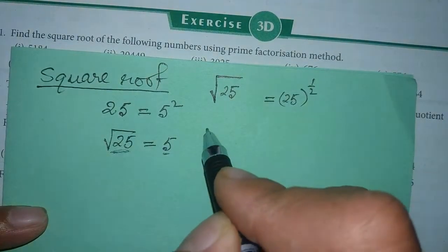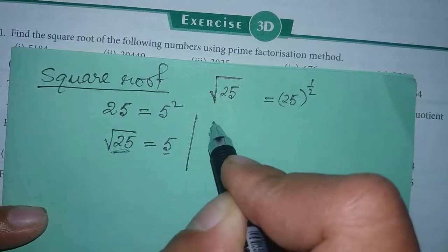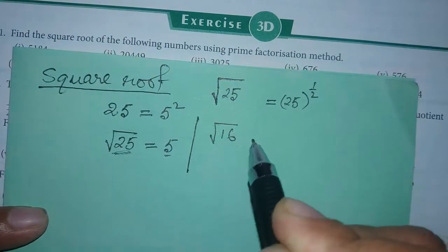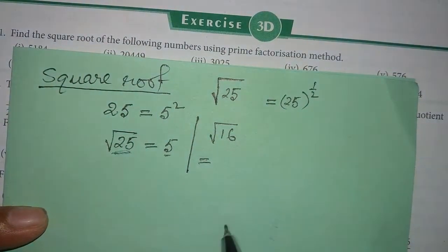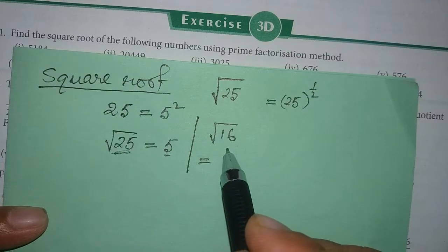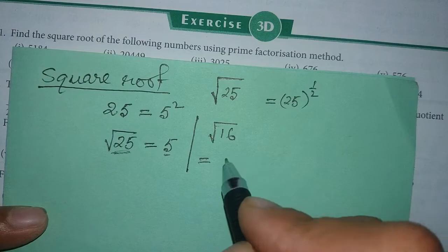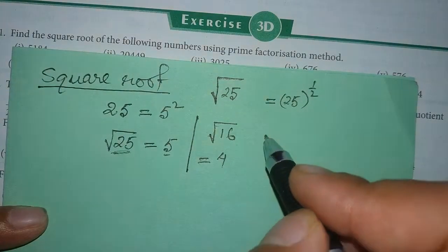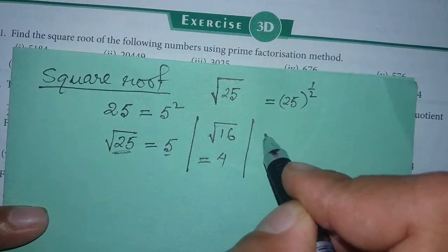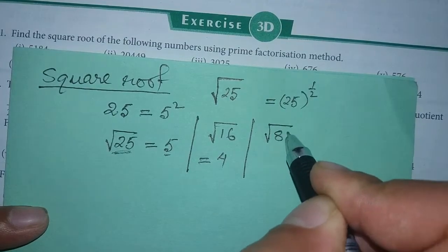I'll give you more examples here. Now let's say square root of 16. Now we know that the square of 4 is 16. That means 4 square is 16. So the square root of 16 will be 4. Another example, let's say 81, square root of 81.